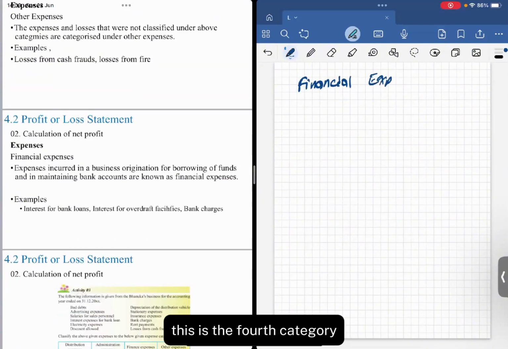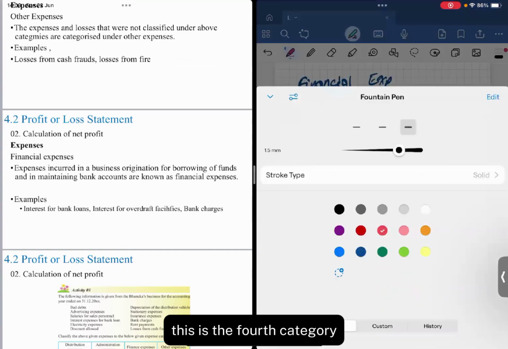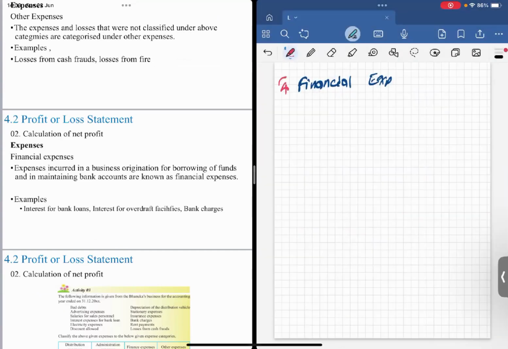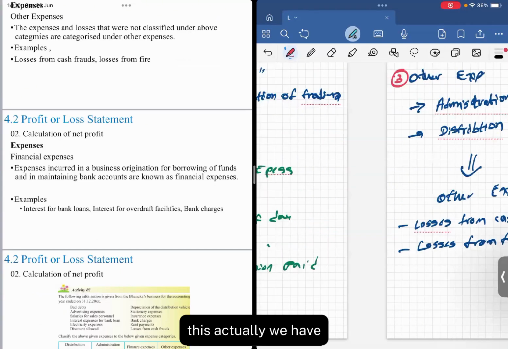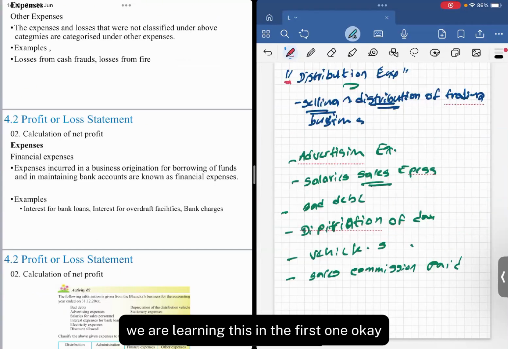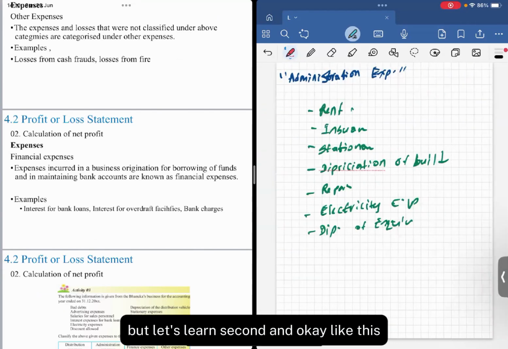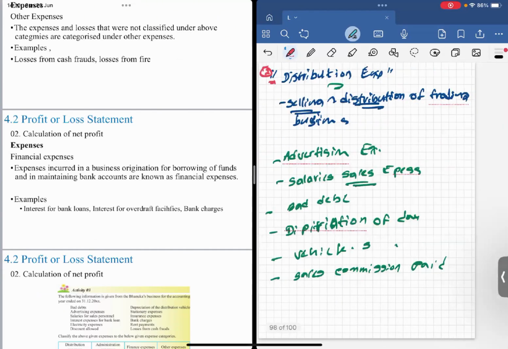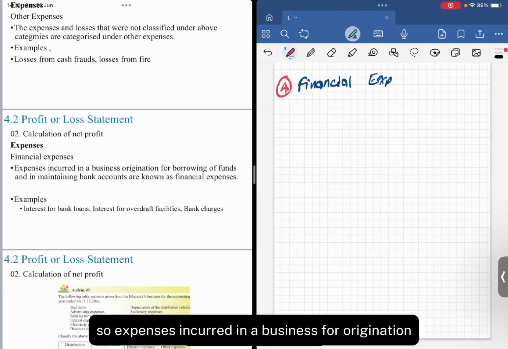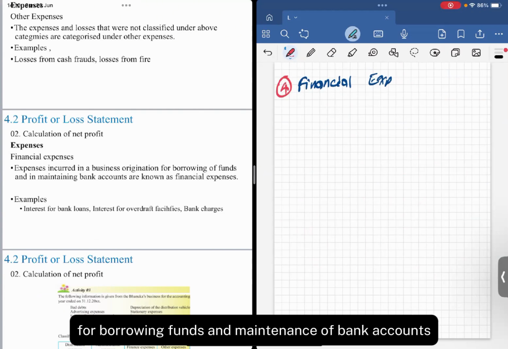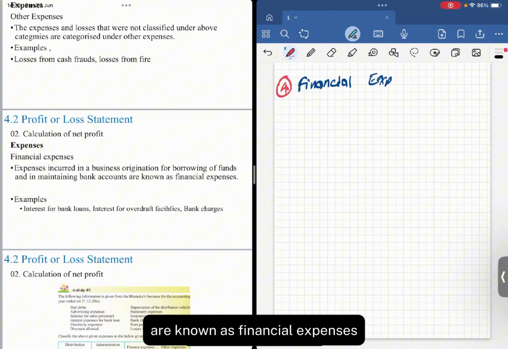Okay, this is the fourth category. Expenses incurred in a business for origination, for borrowing funds, and maintenance of bank accounts are known as financial expenses.